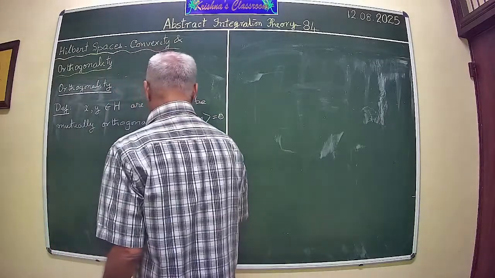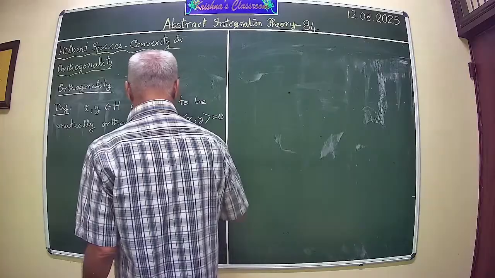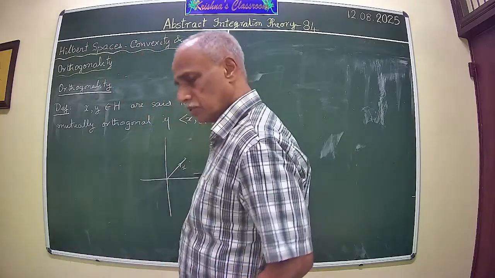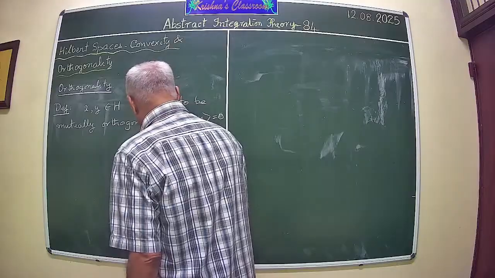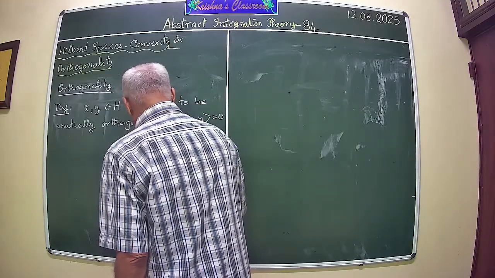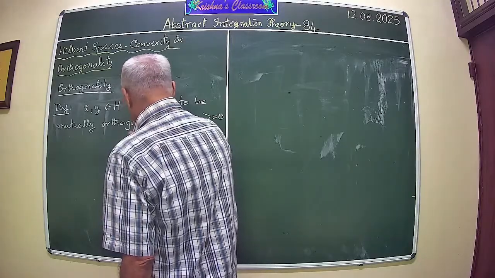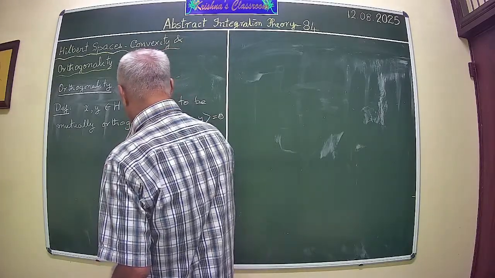So this is a vector. Now which vectors are orthogonal? In fact, you draw a line orthogonal to it. Any point on this line is y.